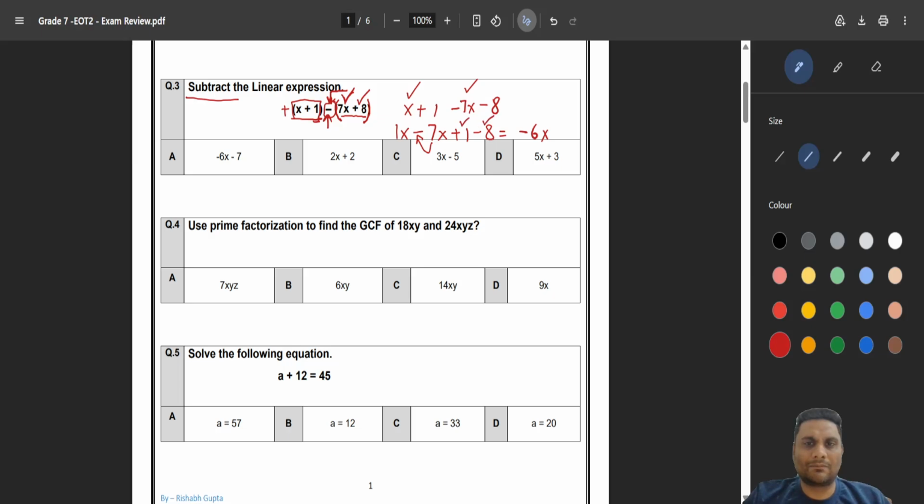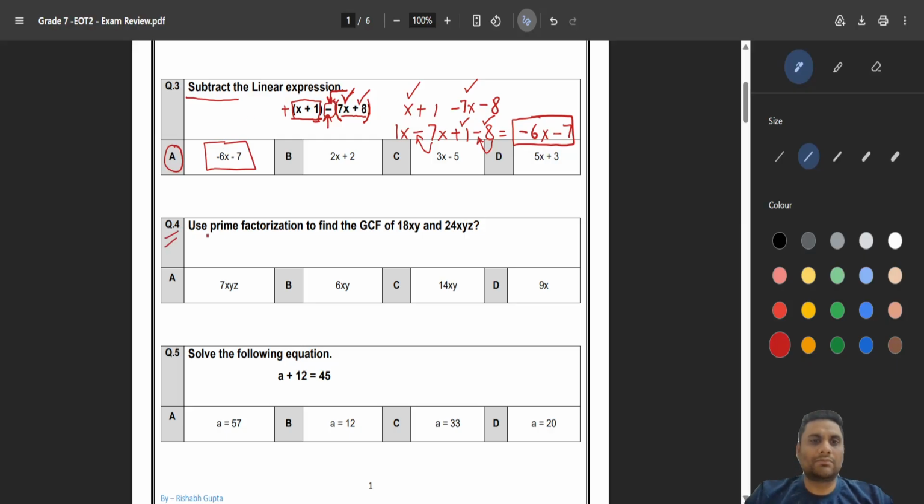Now plus 1 minus 8, different sign. Different sign means minus. 8 minus 1 is 7. The bigger number has minus. The answer will also take minus. So my answer will be minus 6x minus 7. So you can check here option number A, minus 6x minus 7.